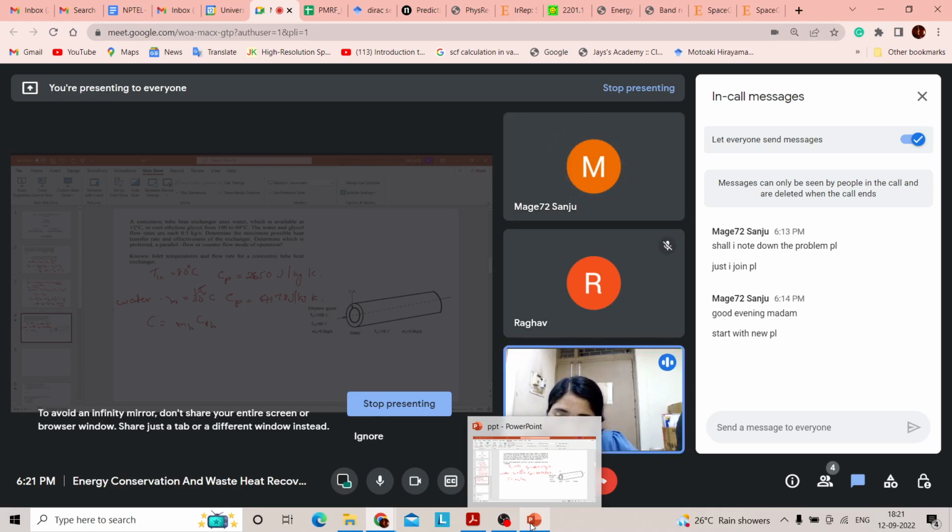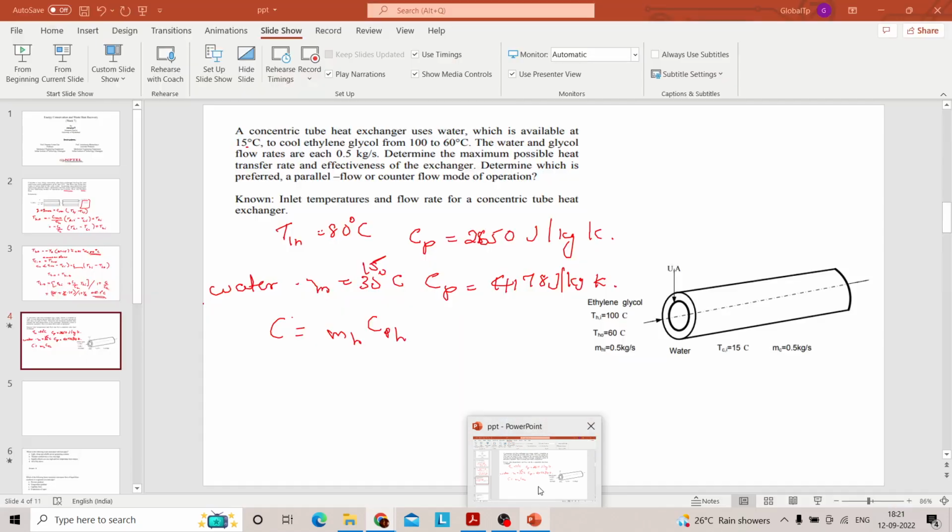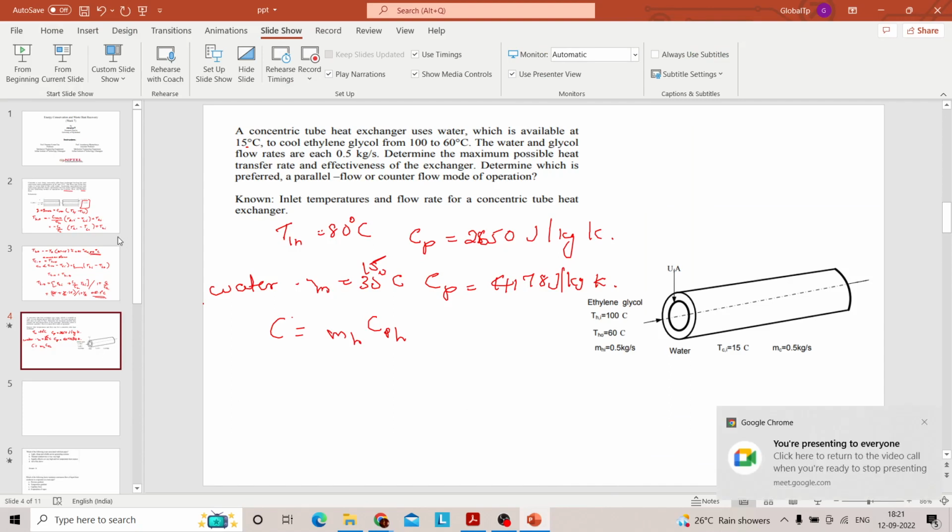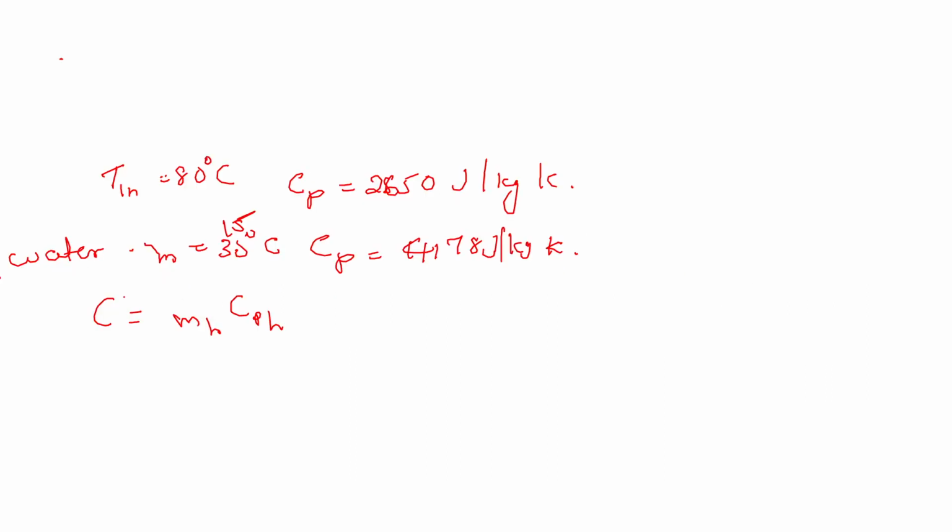What about the glycol side? It is 0.5 times 2650, which is 1325, in joules per second per Kelvin.